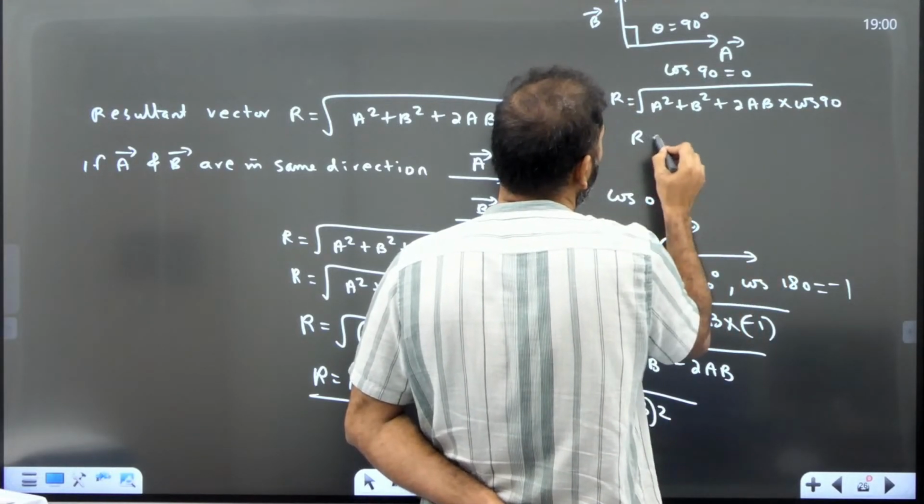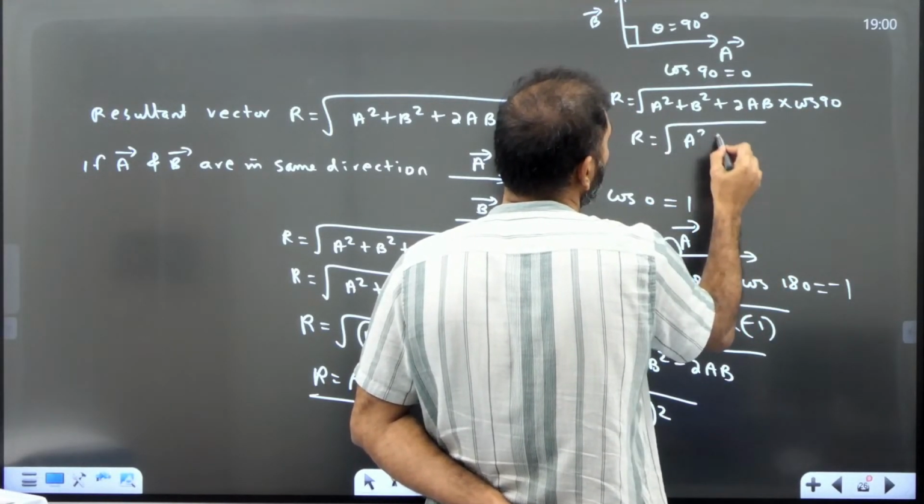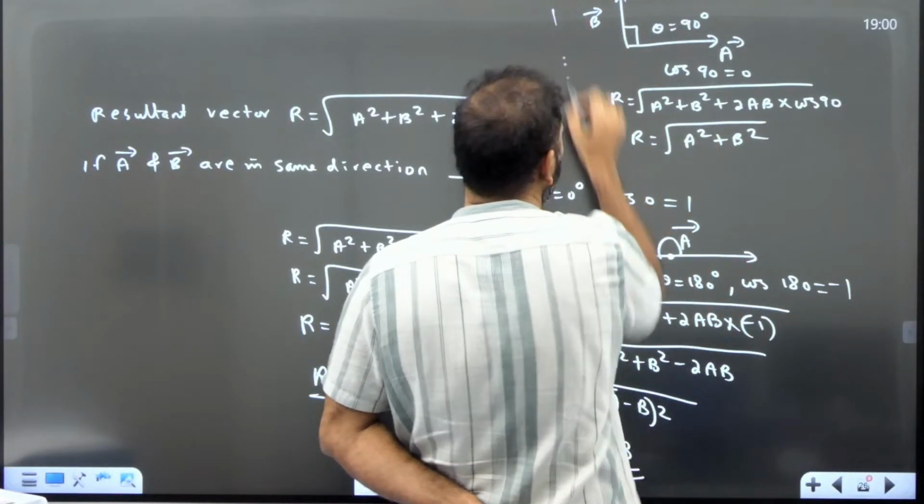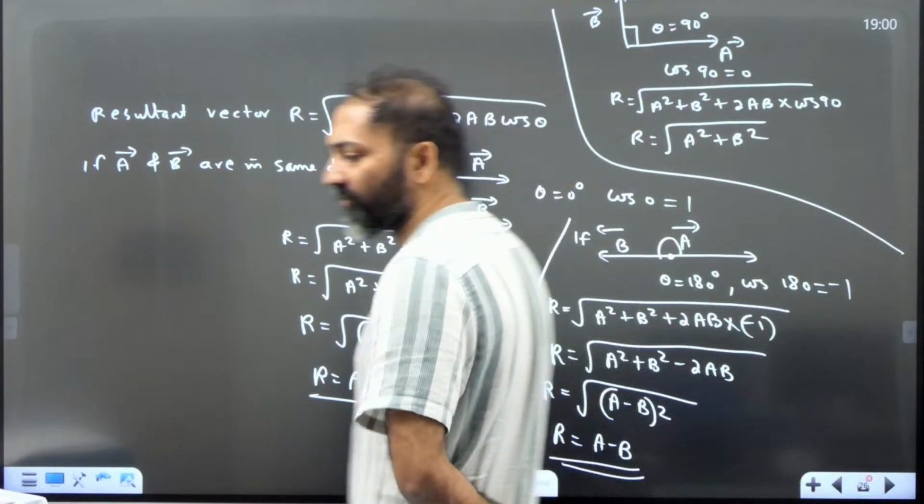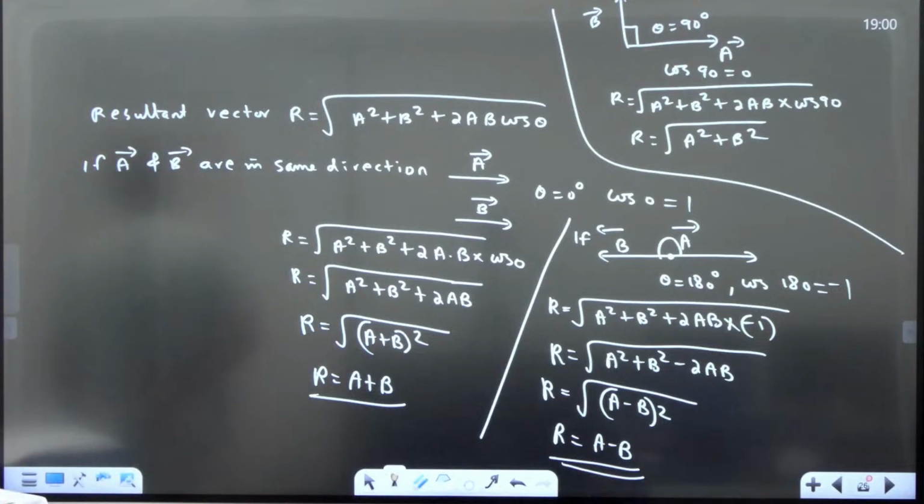So R equal to root of A square plus B square. Any doubts?